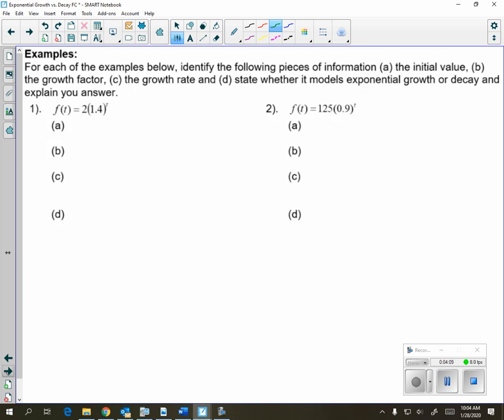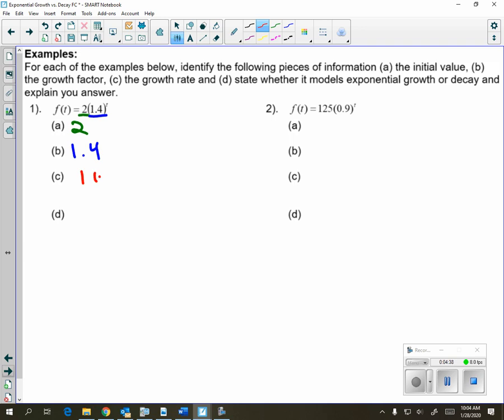Now let's actually try a few examples of breaking it down. For part A, they want you to find the initial value, which is out up front. For part B, they want you to find the growth factor. That is everything in your base, the 1.4. For part C, to find the growth rate, you need to think of this because we're increasing since the base is greater than 1.